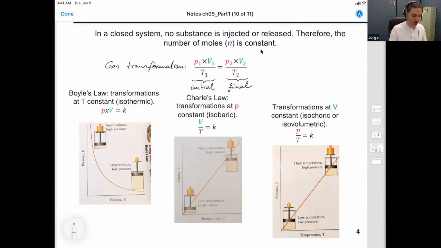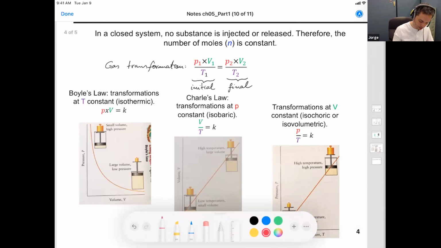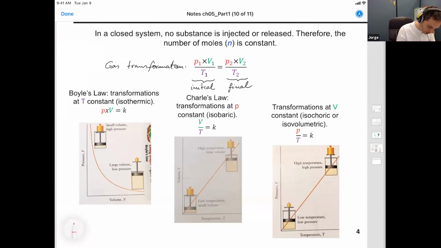So let's start with the Boyle's law, which is the first one that I'm showing here on the left of the slide. The Boyle's law describes all the transformations at temperature constant, and they are called isothermic transformation.